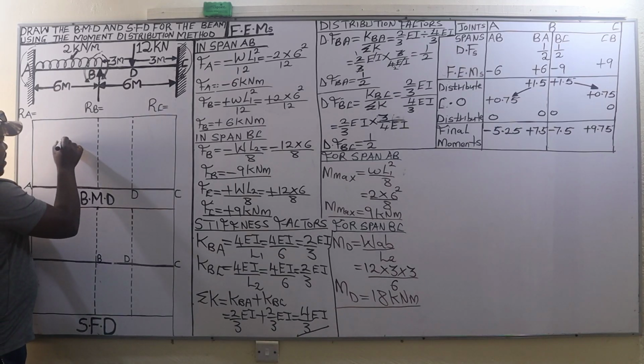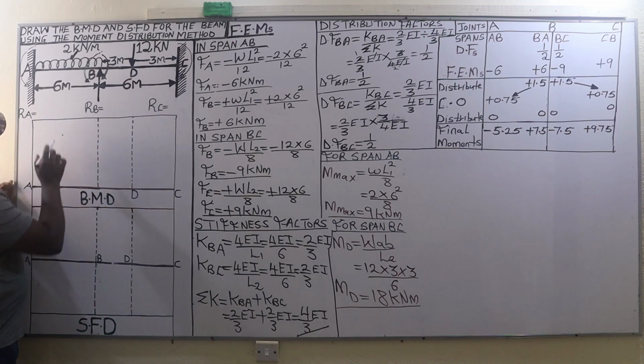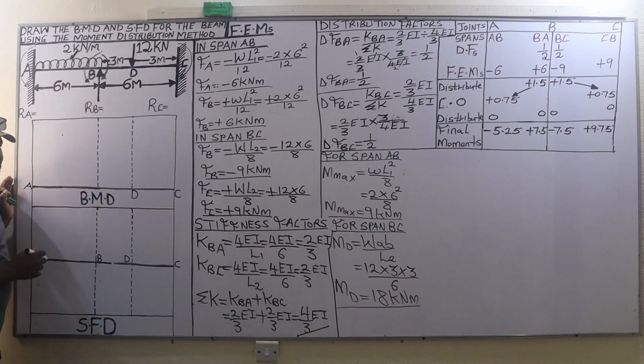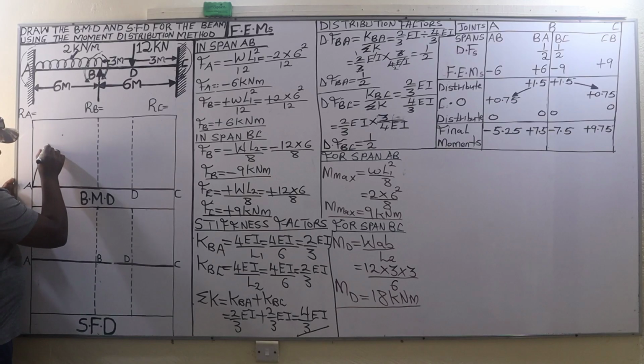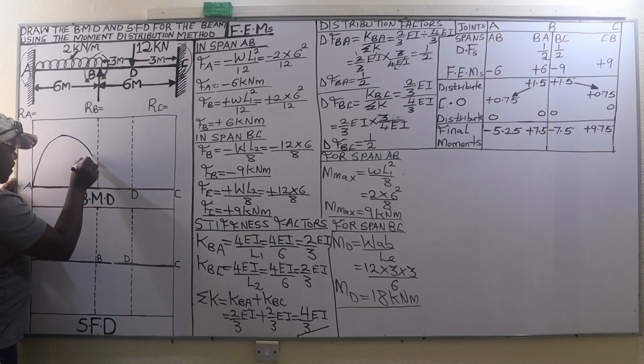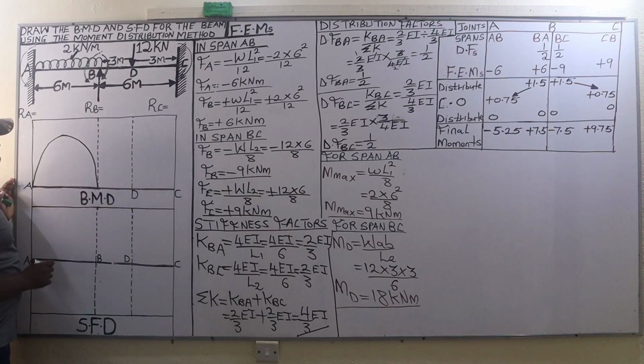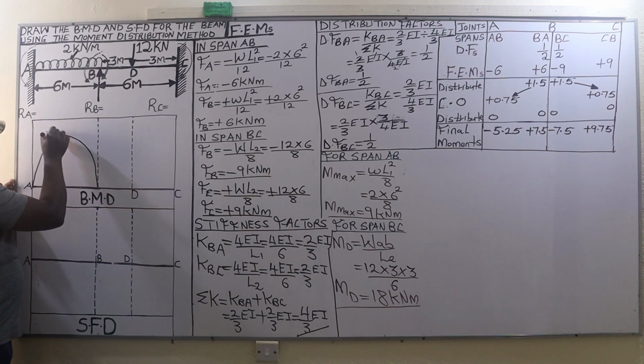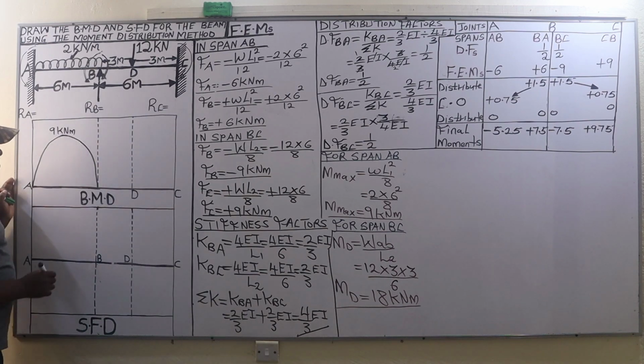So let me approximate it to be at that point. And since the span AB is loaded with UDL, the BMD is going to be a smooth curve like the one I'm drawing here. So that will be the bending moment diagram with a moment of 9 kilonewtons meter.